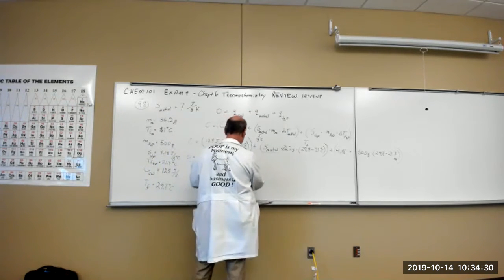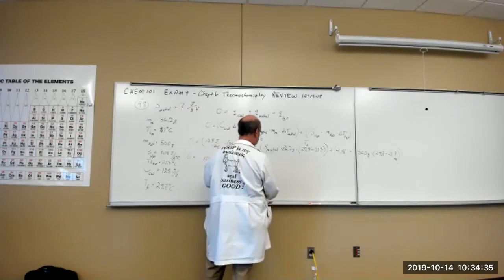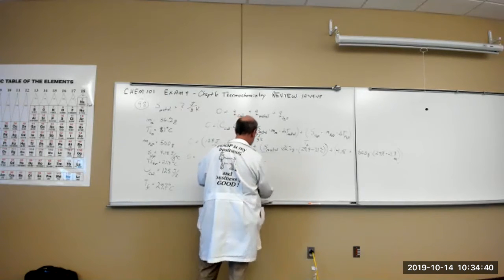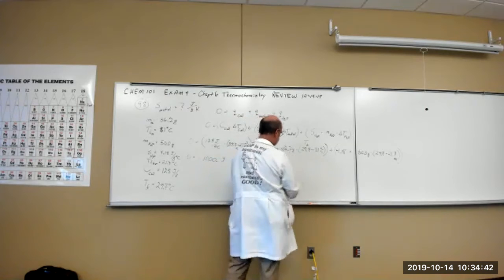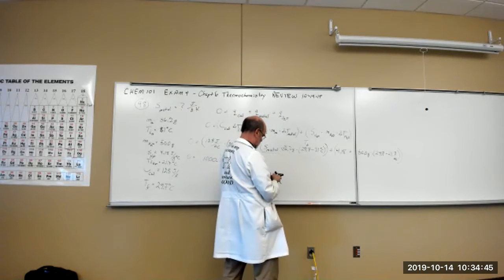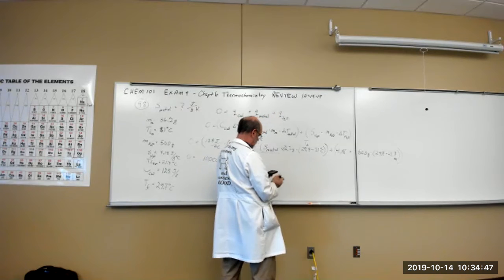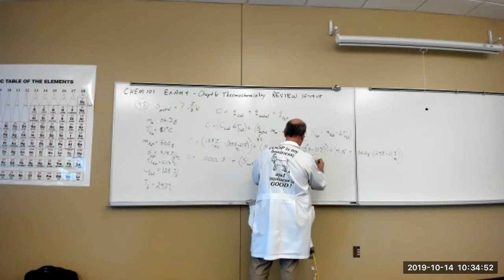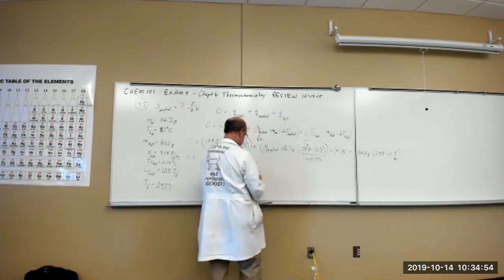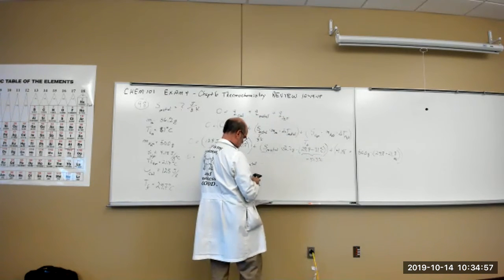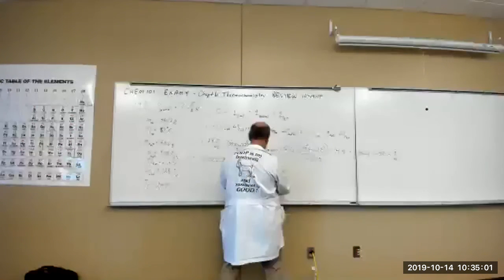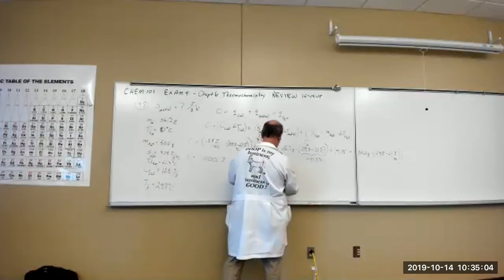Then we have this one there, and then times, that's 29.7 minus 81, which is minus 51.3 times 36.2, which is minus 1857 joules.